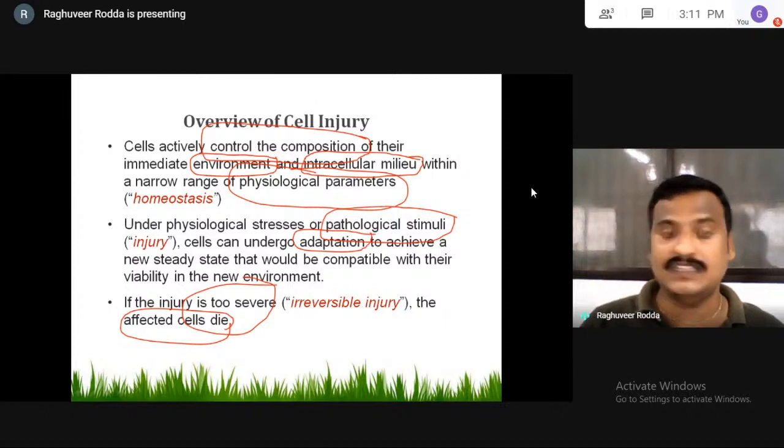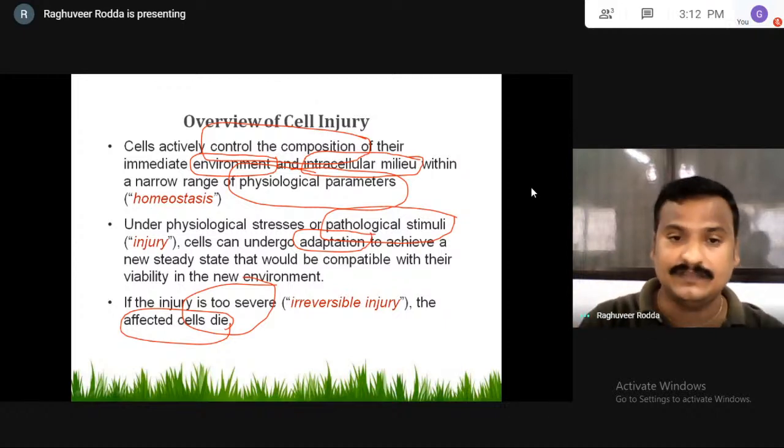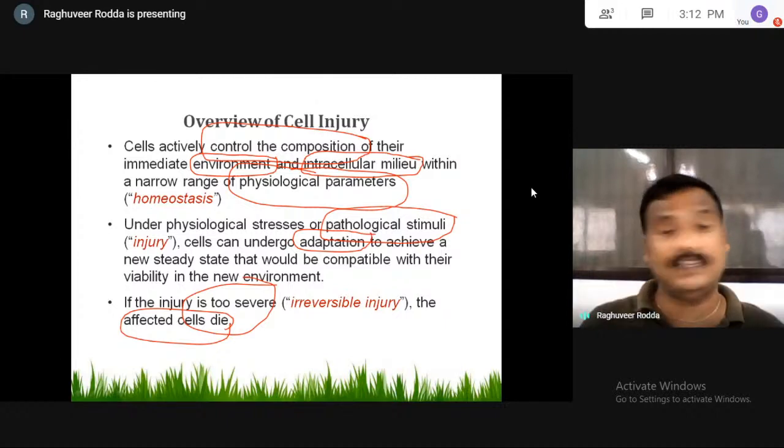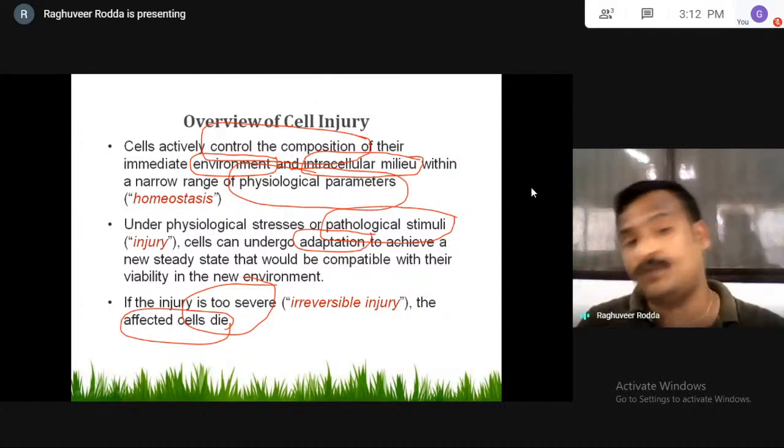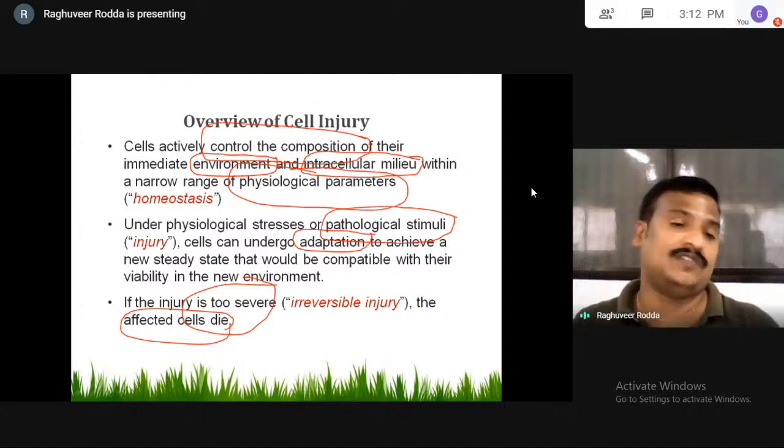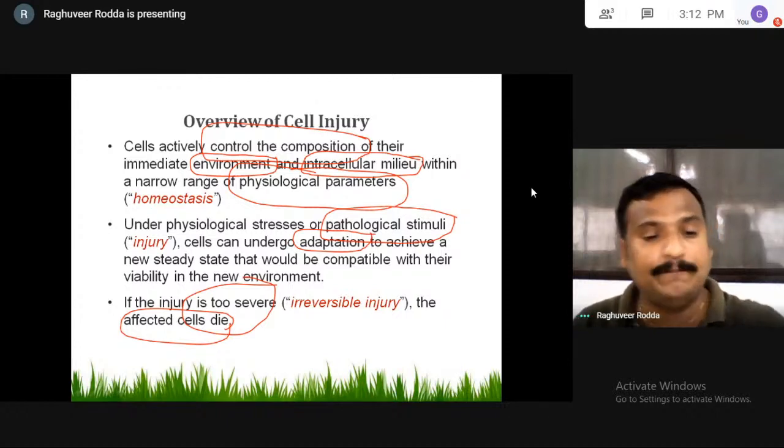Immediately the cell never dies against the changed environment or the new conditions. It will withstand up to a certain extent. And if that also goes high, it is not tolerable. If the pathological stimulus or physiological stress is not tolerable by the cell, then it will undergo a stepwise process where the cell is going to die.